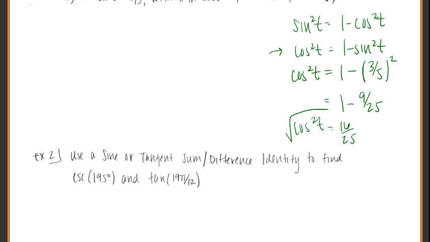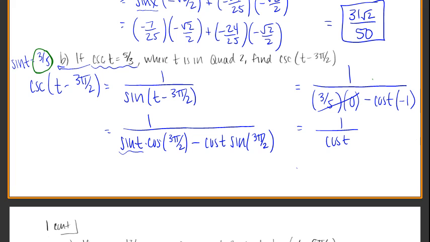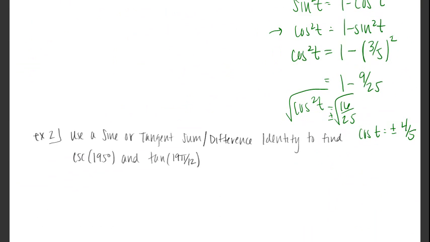We want to take a square root of both sides and make sure we do plus or minus. So cosine of t is plus or minus 4/5. And if we go back to our problem real quick, our angle is in quadrant 2, and cosine in quadrant 2 is negative.